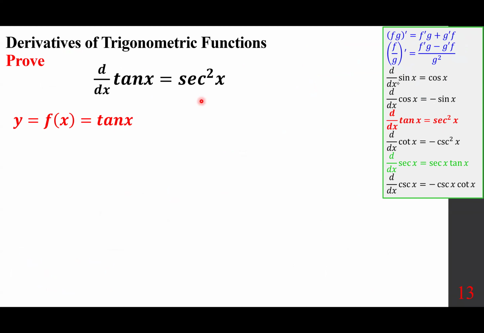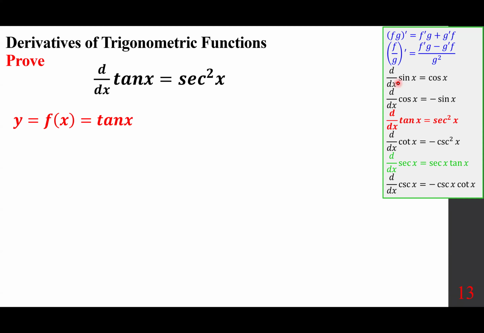By the way, for the sine, there's a lot of trigonometry involved, trigonometry and algebra and geometry. You can find it in my lecture notes. The rest of them, cosine, we can follow the sine, and the rest of them, we can do using some sort of a rule, mostly the quotient rule.